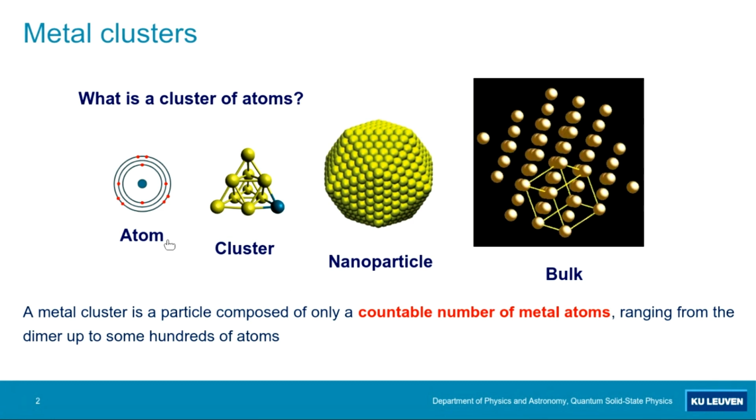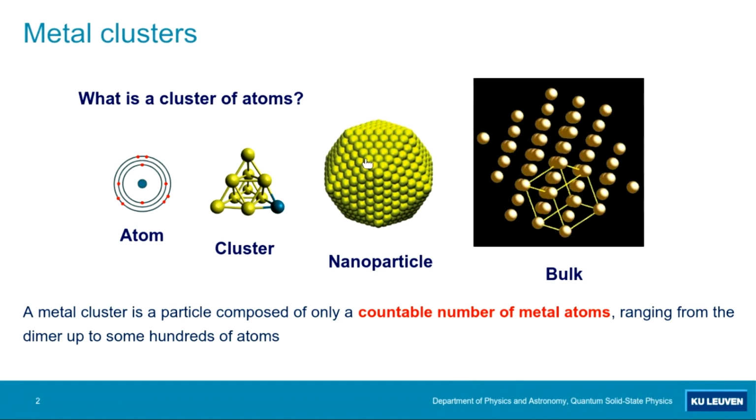Completely at the other side, you have a bulk, billions and billions of atoms, an uncountable number of atoms that arrange in a very specific way. You have an FCC, a BCC, a simple cubic arrangement of these atoms, and then you have an electronic structure that is not specific energy levels, but really bands, the Bloch functions that define the properties of the system, a combination of the structure, the way the atoms arrange, plus the electronic structure.